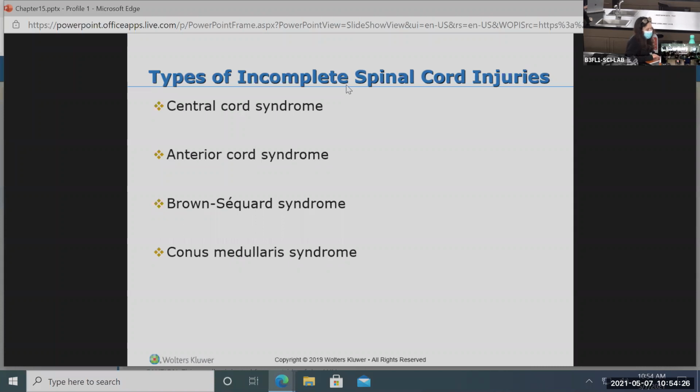Conus medullaris syndrome, the distal most part of the spinal cord will become damaged. Also very important, if you look at the PowerPoint also, there is some injury that involves my cervical level that causes paralysis of both the upper limb and the lower limb. It depends on what level you're having injury.